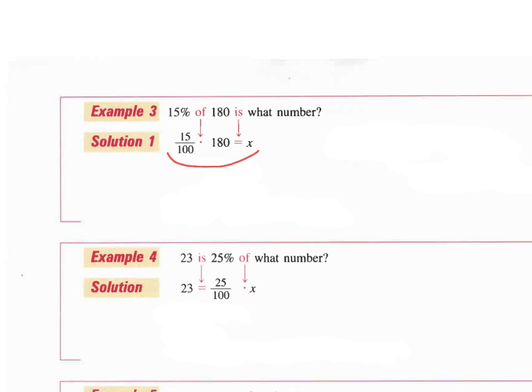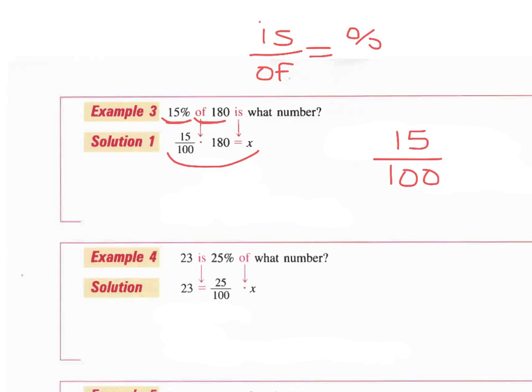So the number with the percent sign is always going to go over 100 because a percent is always out of 100. The number that is next to the word of, so I'm going to set my proportion up as is over of, and then the number with the percent sign, and it's always over 100. So 180 is going to go in the denominator, and then is what number is my variable.